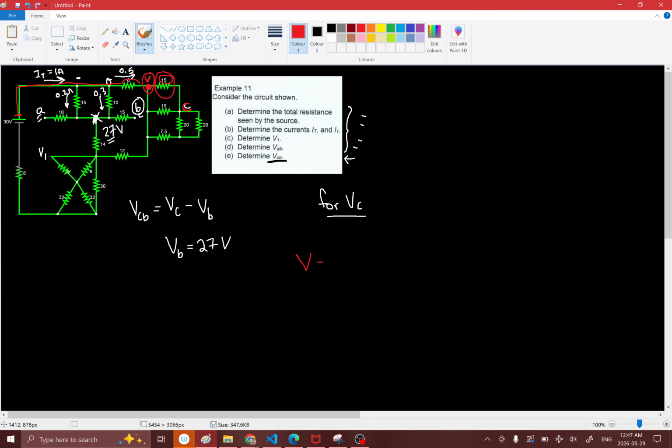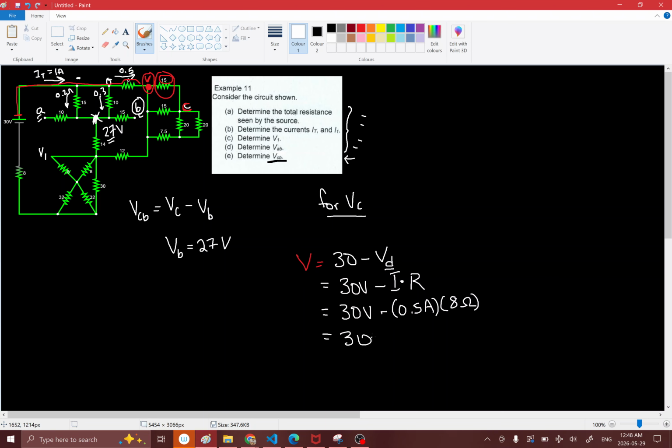So the voltage at that position, that red V, is equal to 30 volts minus the voltage drop across this resistor over here. That's 30 volts minus the current moving through this resistor multiplied by the resistance value. From our previous questions, we found out the current was 0.5 amps, and the resistance is 8 ohms.